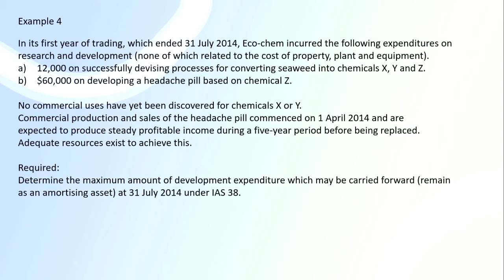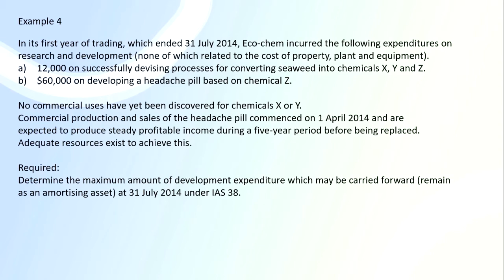So we have two types of research and development costs here. One is 12,000 on successfully devising a process for converting seaweed into chemical XYZ. Another cost is 60,000 on developing a headache pill based on chemical Z.